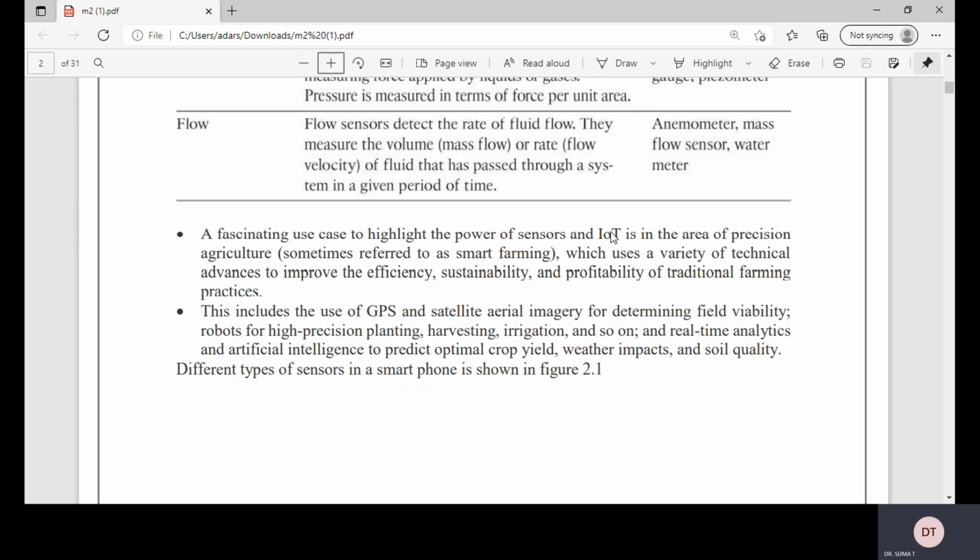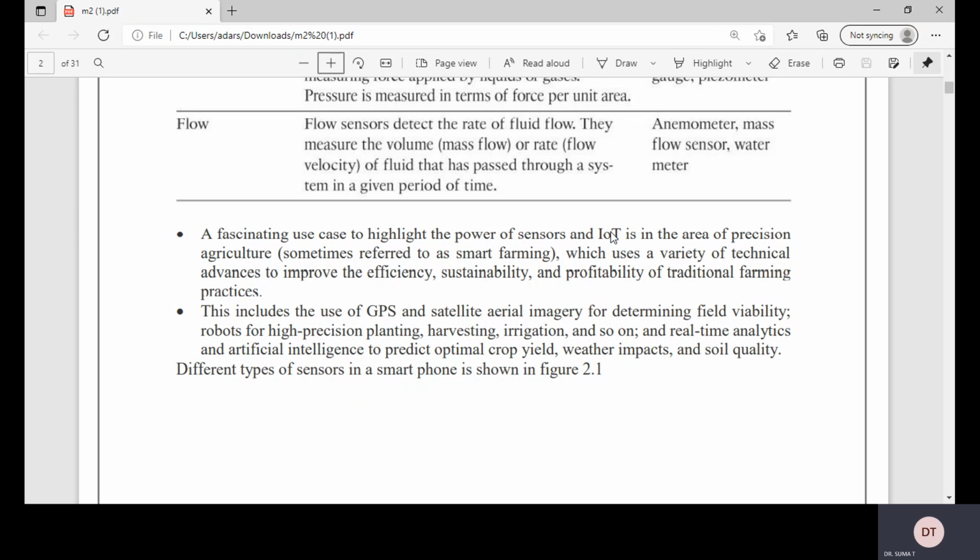Say for example, we use satellite signal devices, like a phone catching Wi-Fi signals. There are sensors which can measure the radiation of that particular device, whether that radiation is affecting human beings or other living things like birds and animals. So like that we have radiation sensors also.